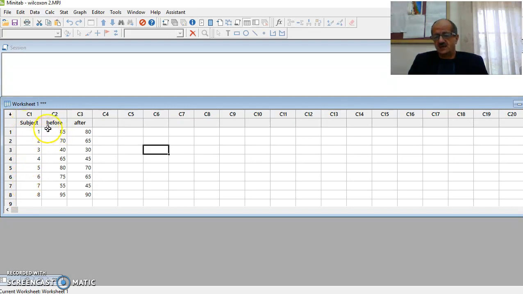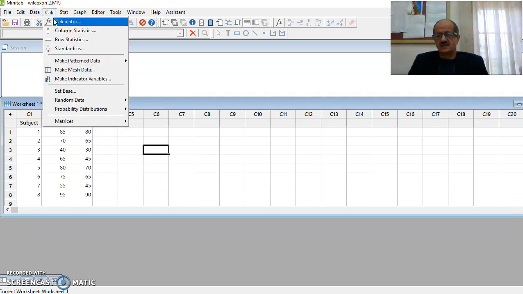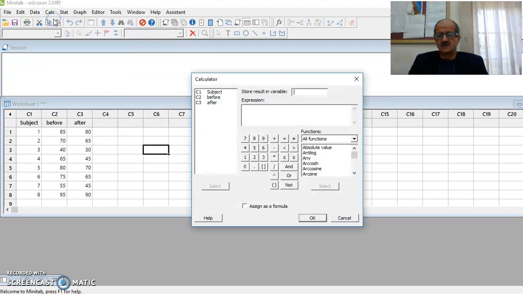And here we have the weight before and after. This data, we want to check first of all if it is a scale measurement. We want to test if the distribution of the differences is normal or not normal. Therefore, the first step is to calculate the differences the same way we did before. Okay, here we had to define before minus after.